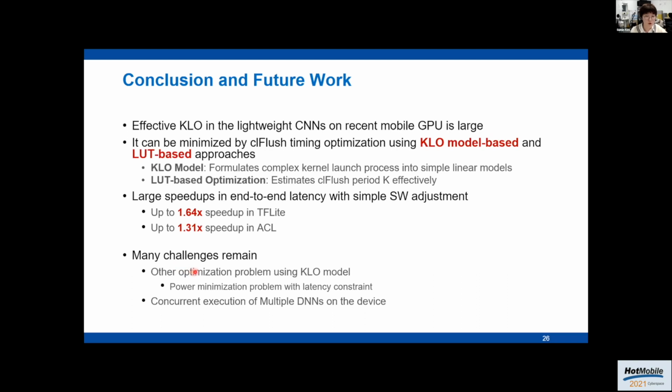It could be power minimization with a latency or throughput constraint in real-time systems, for example. And we focused on single DNN inference in this work, but one can formulate the Clo model or design a scheduler that can consider concurrent execution of multiple DNNs on the same device.